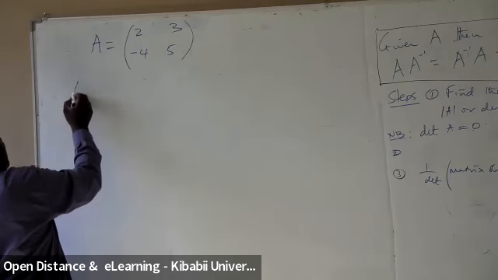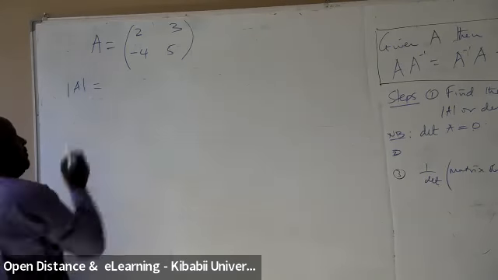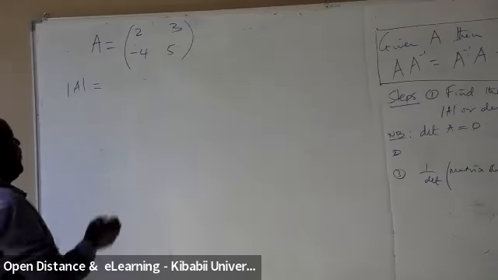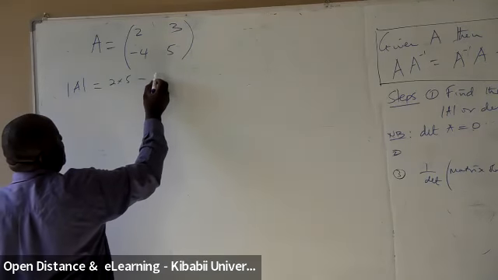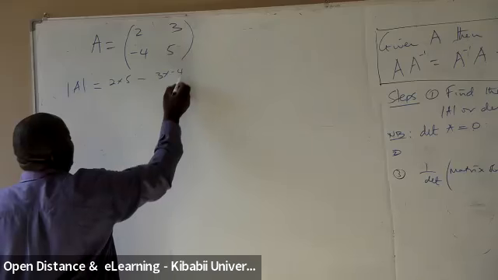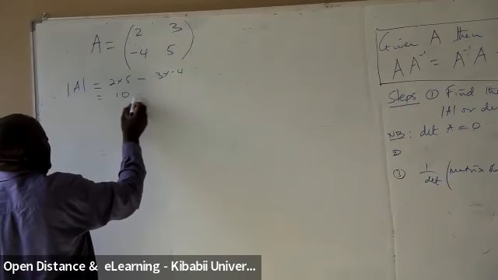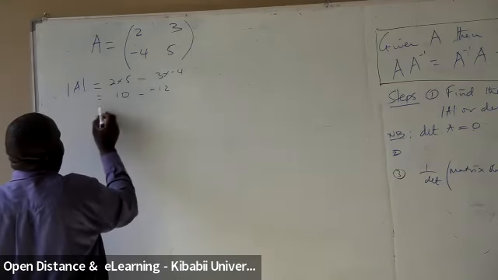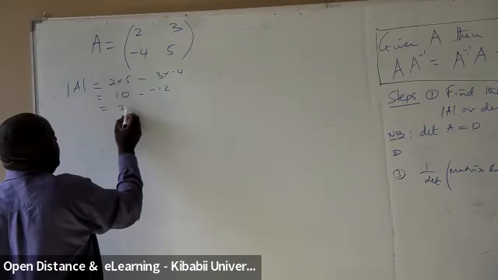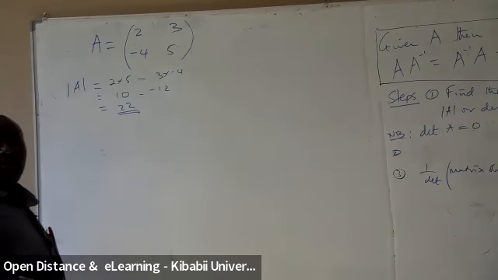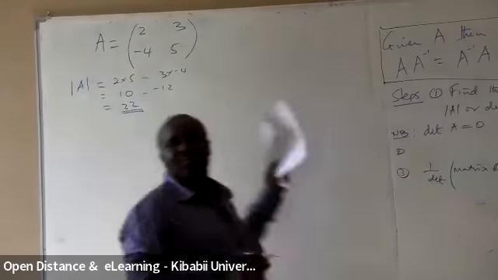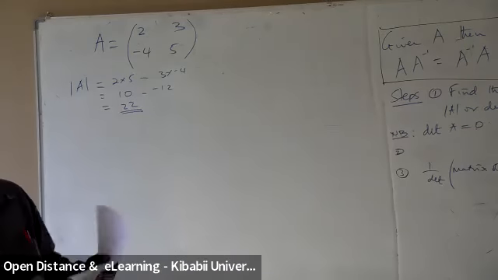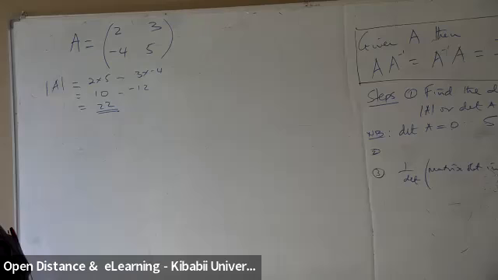Step 1, evaluate the determinant of A. The determinant of A will be 2 times 5 minus 3 times negative 4. So this will give you 10 minus negative 12, and that will give you 22. So the determinant is 22, and this is not equal to 0. Therefore, this matrix is not a singular matrix. Hence, it has an inverse.